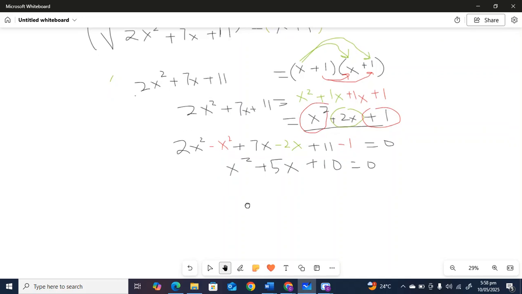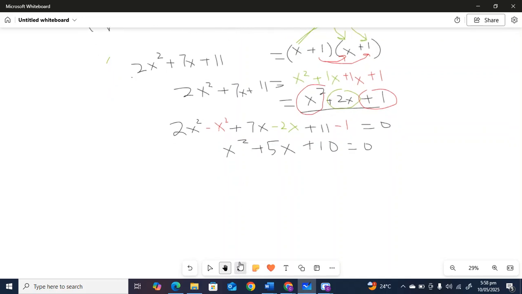There are none. So you have to use now the quadratic formula. When factorization fails, then you go to the quadratic formula now.